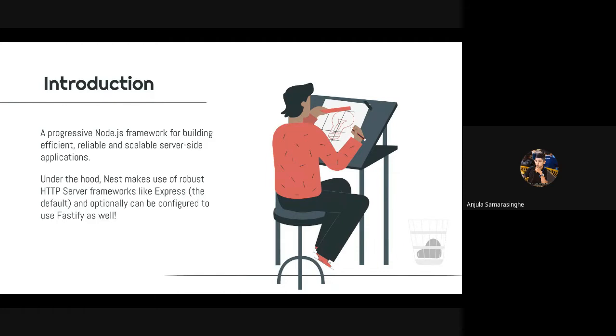And we can also configure it to use Fastify, which is another HTTP server. But by default, it uses Express. So this is a Node.js framework which is efficient for building reliable and scalable applications.